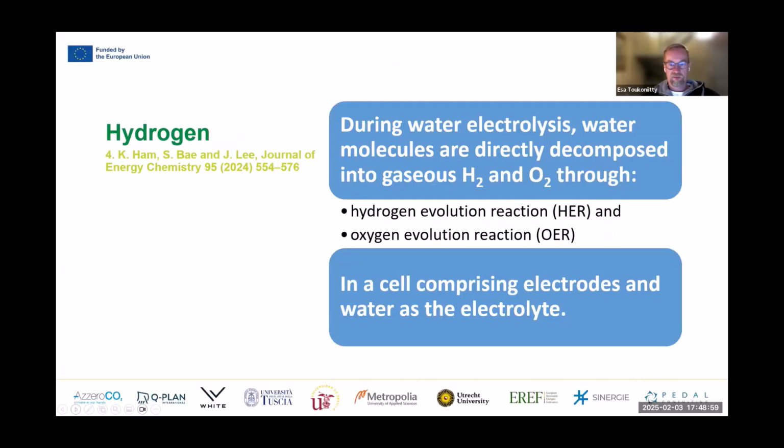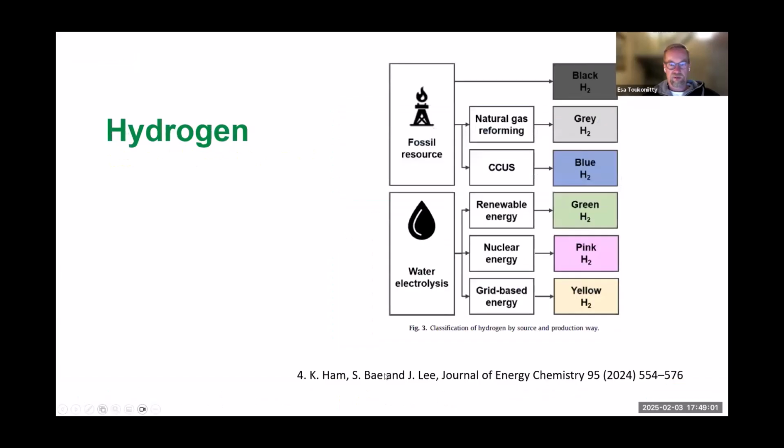This we didn't talk very much, but maybe it's more or less the same hydrogen, whatever the starting material or the energy source is. So molecular wise or chemically, it doesn't change, but anyway, this kind of color coding has been developed.